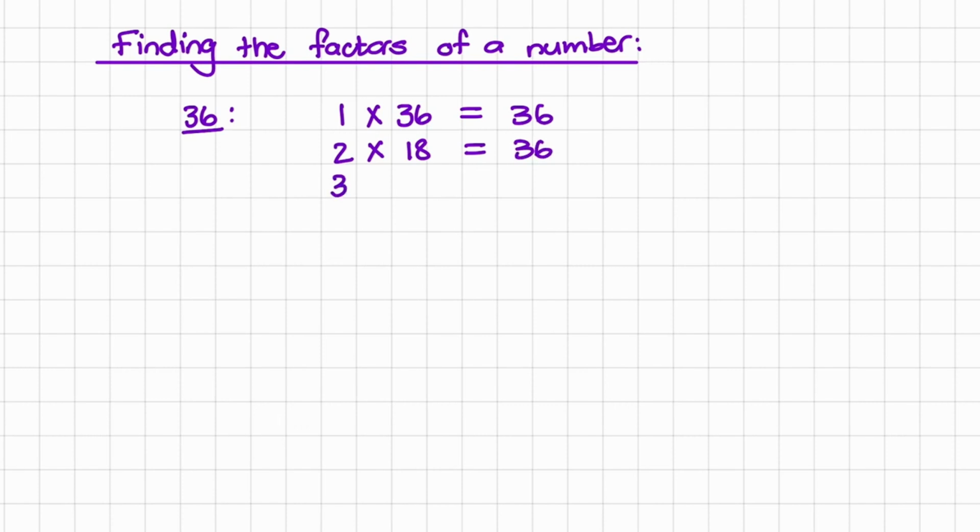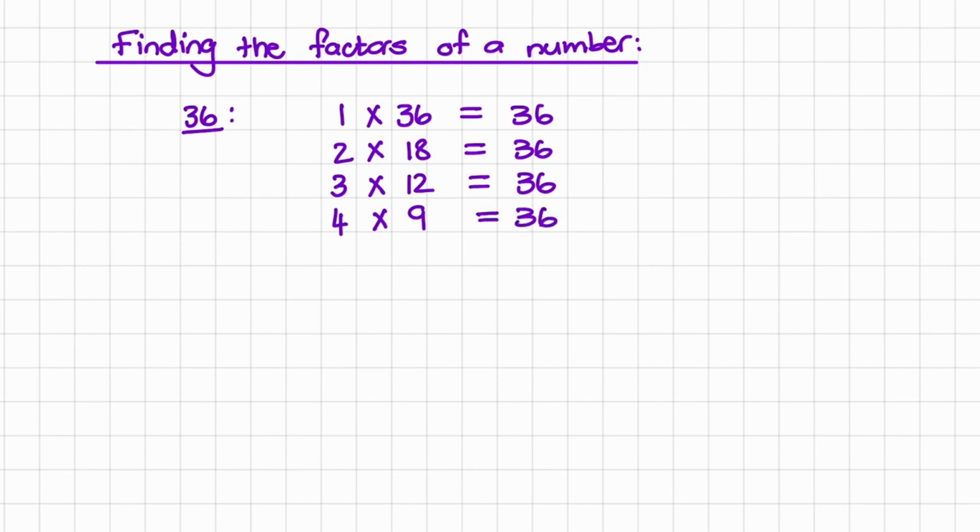So all I do is I start with 1 and I test all the numbers up until I can't multiply anymore. So 3 multiplied with 12 is equal to 36. Then I ask myself, can 4 go into 36? So 4 multiplied with 9 is equal to 36.